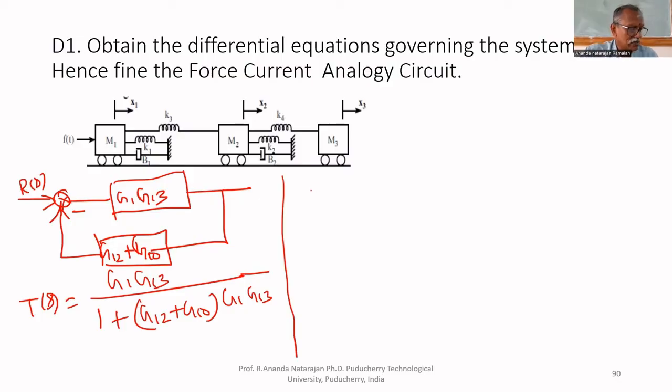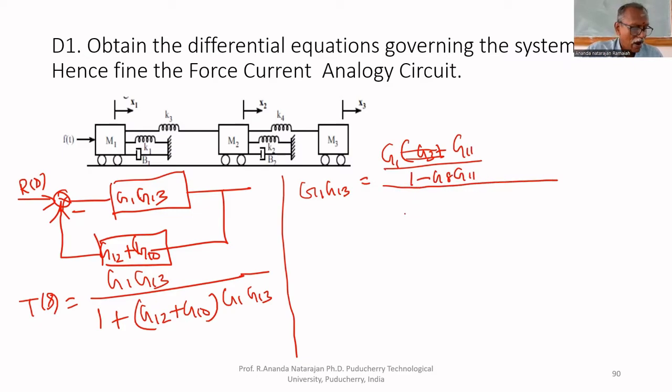Now we have to substitute all these values. For that, the first step is G1 G13 equals, what is G13? G13 is G11 upon 1 minus G8 G11.